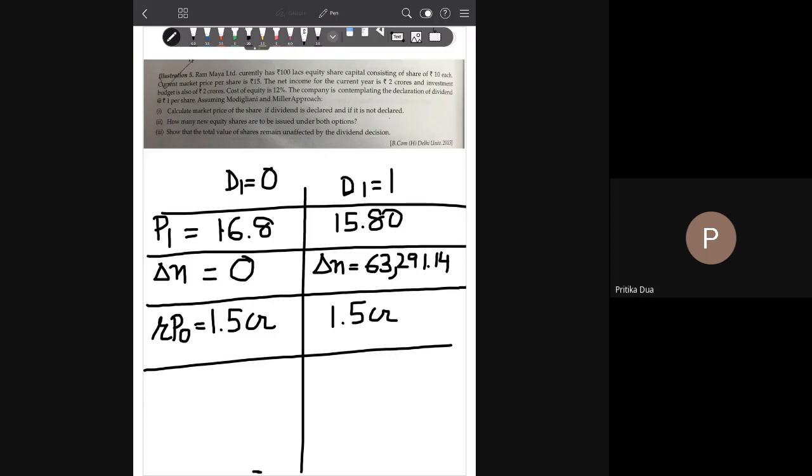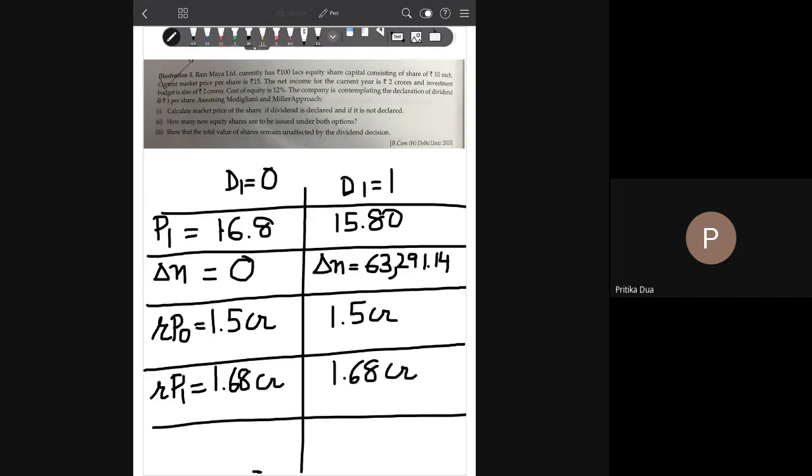Whereas value of the firm at the end of year 1 comes to 1.68 CR, 1 crore 68 lakh. So under both the cases, what we find is that the valuation remains the same irrespective of the dividend payment.